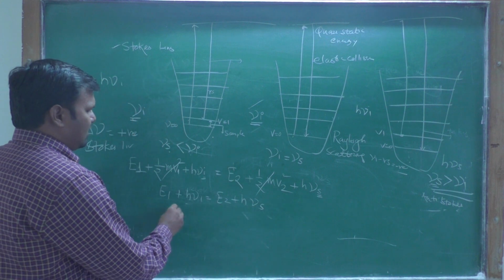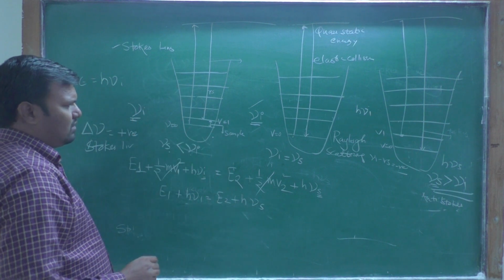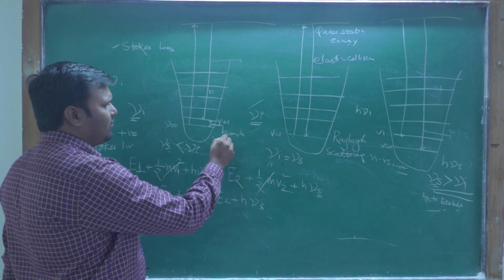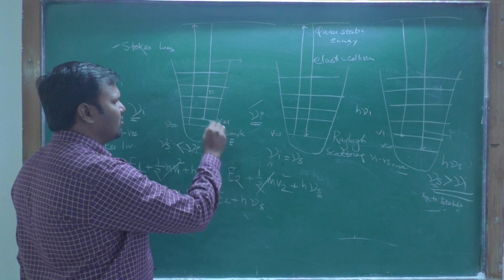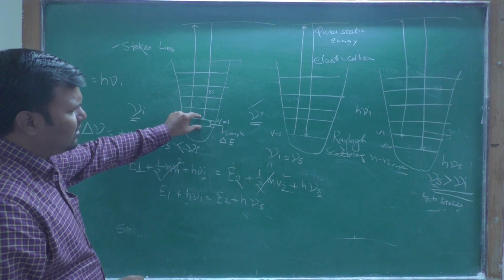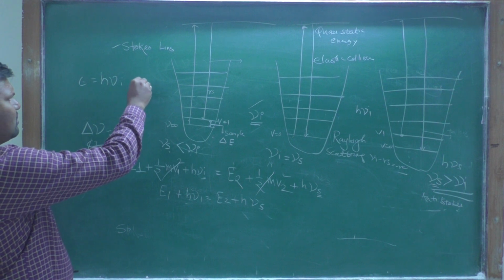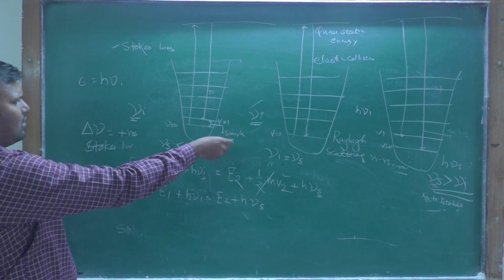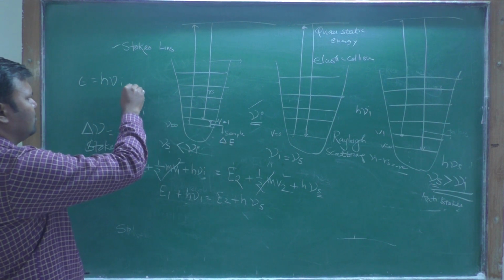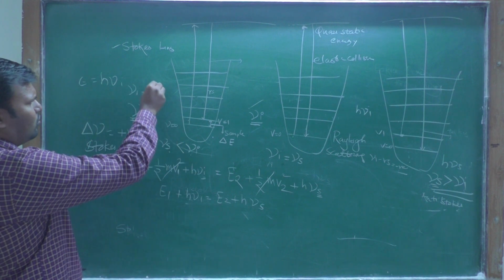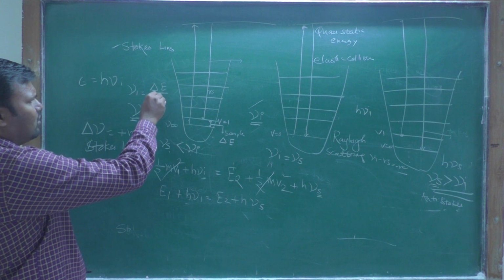Then, when you look at the first Stokes lines, if you consider the energy absorbed by the sample as delta E, then we can give h mu I is equal to delta E upon h.